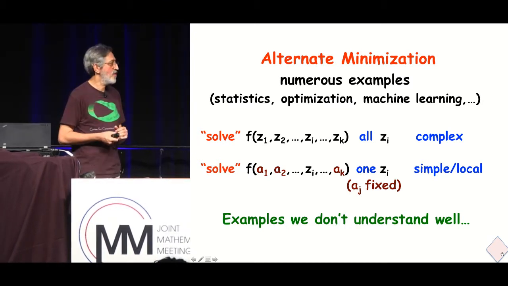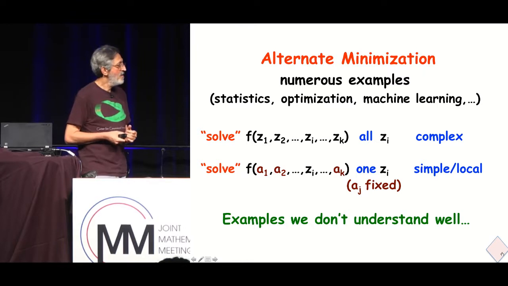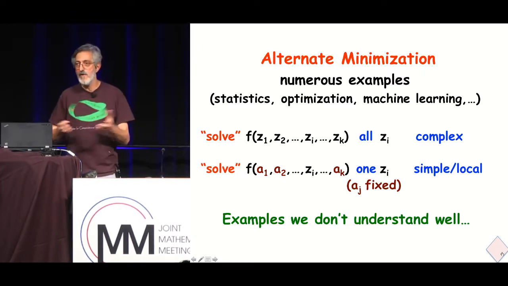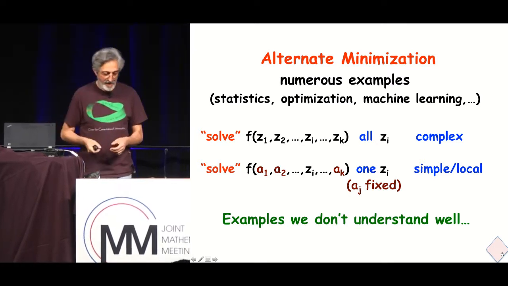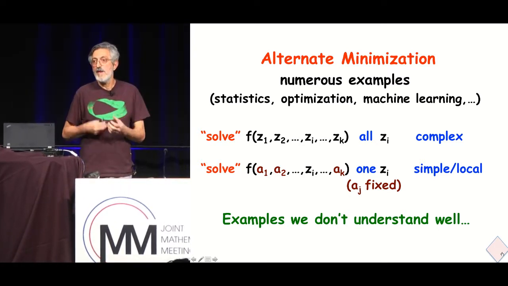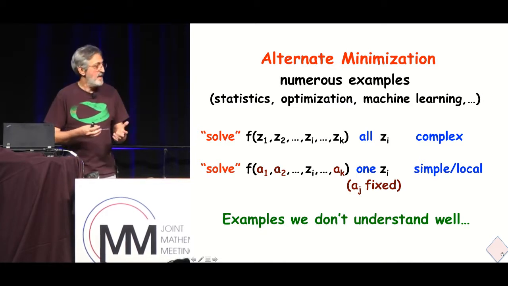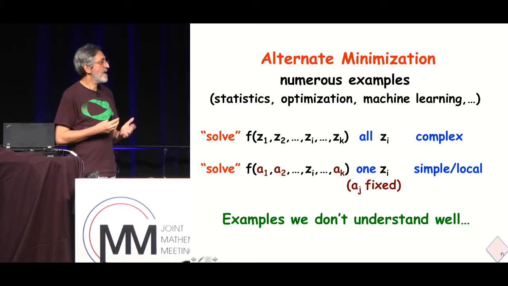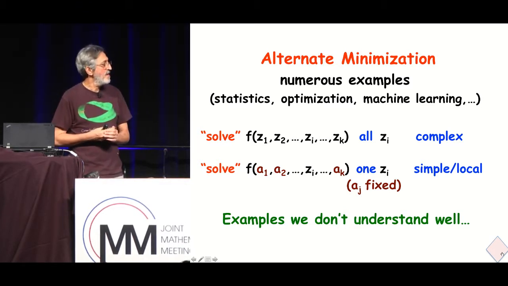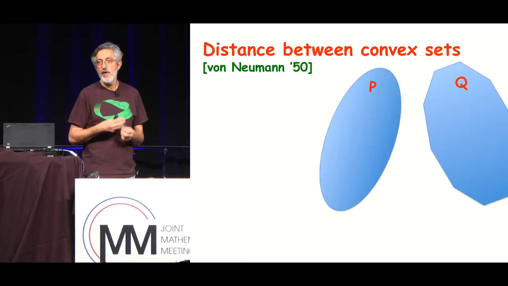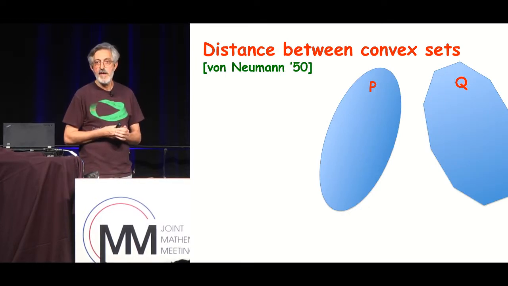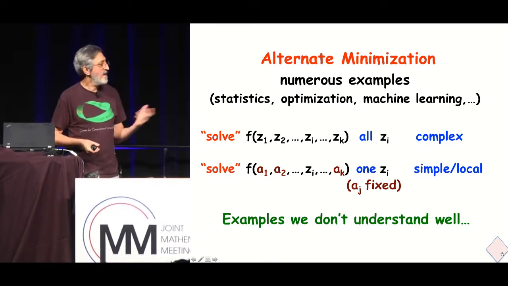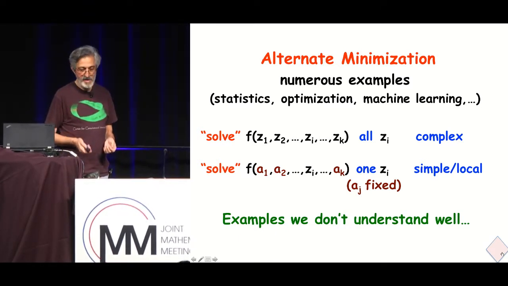This at least was the situation in all the cases that we saw. In fact, in the quantum case, it's not just simple, it's also sort of local. If a quantum state is distributed between many players, everyone can change only its own part of the input. So in both these situations, you can cycle through optimizing one variable at a time. This is the alternate minimization heuristic. And the question is, when does it work? And here are some cases which we don't understand well.